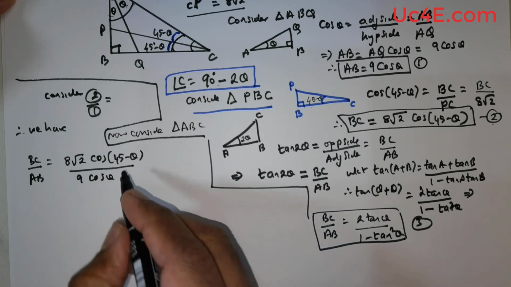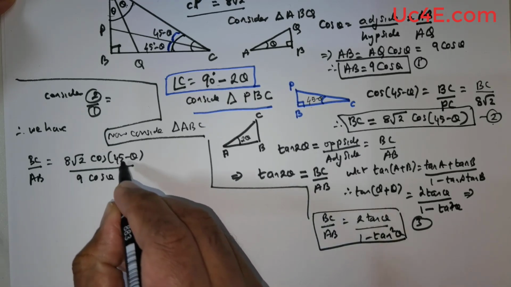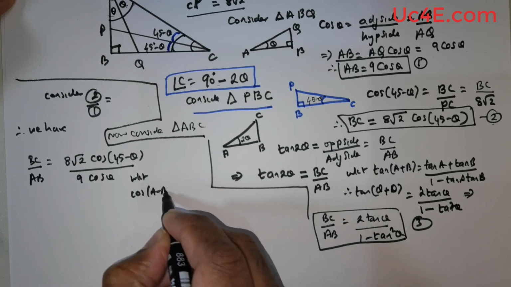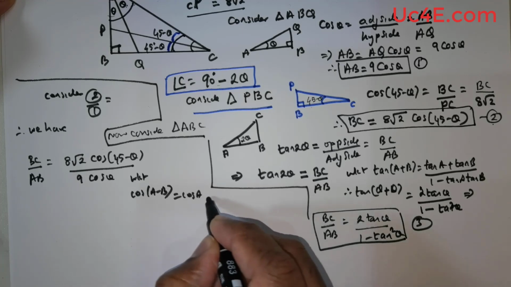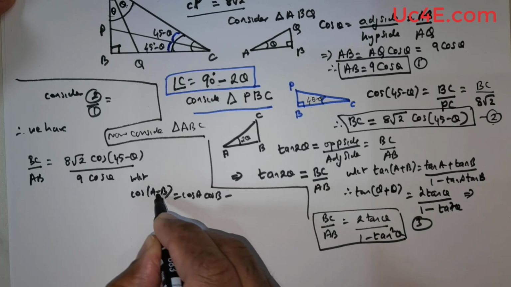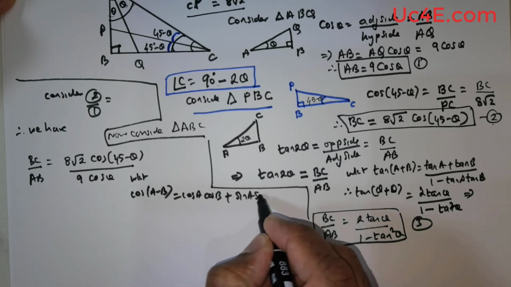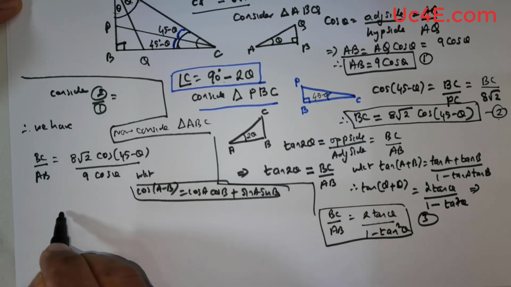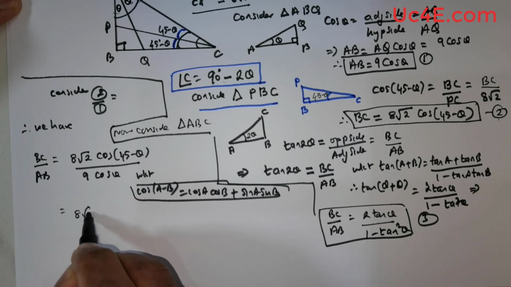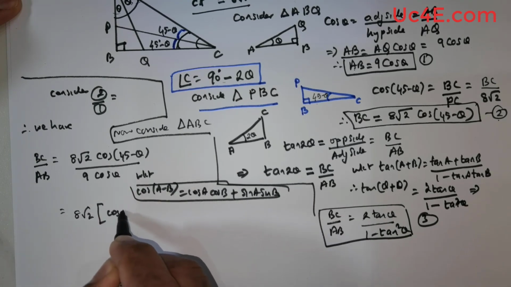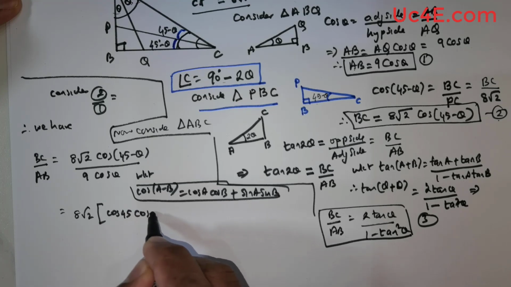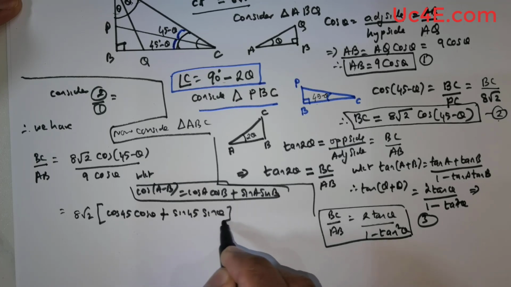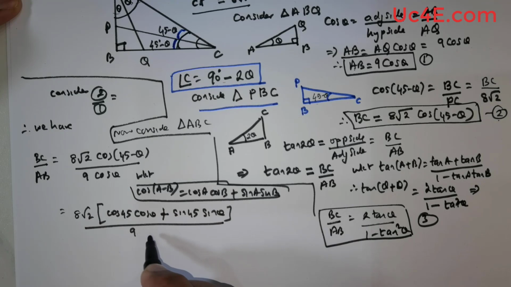Now what I wish to do is use the formula for cos of A minus B. We know that cos of A minus B is equal to cos A cos B, this is negative so this will be positive, sin A sin B. I am utilizing this formula. So this is going to be 8 times root of 2 times cos 45 times cos theta, negative means positive, sin 45 times sin theta, divided by 9 times cos theta.